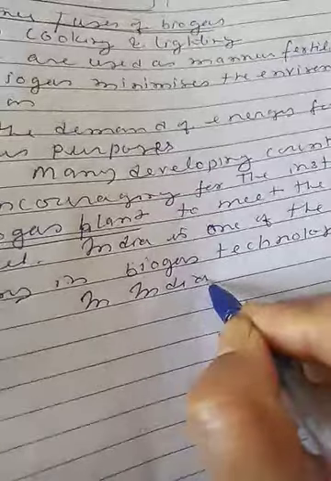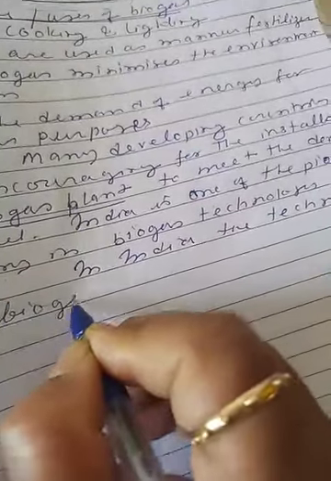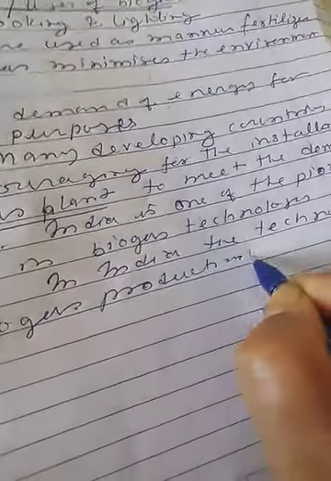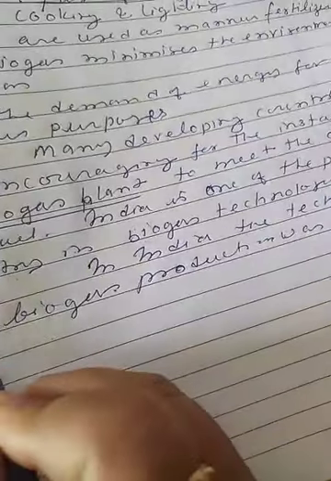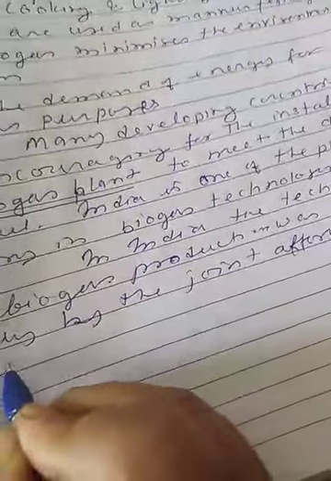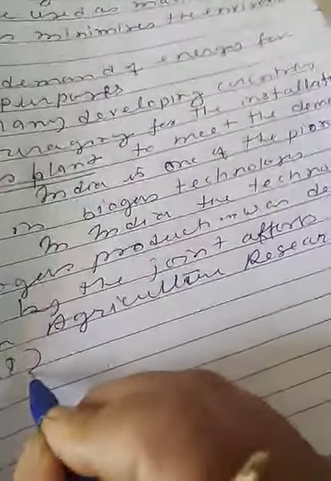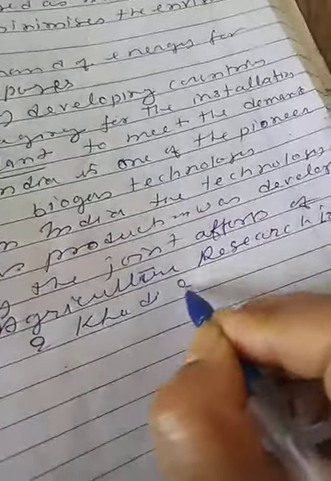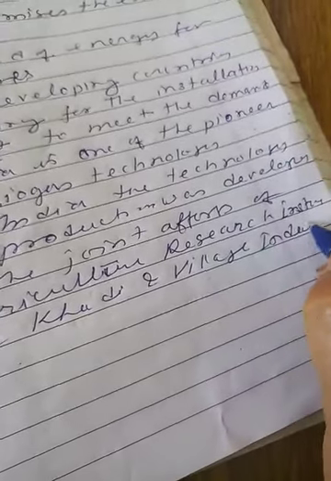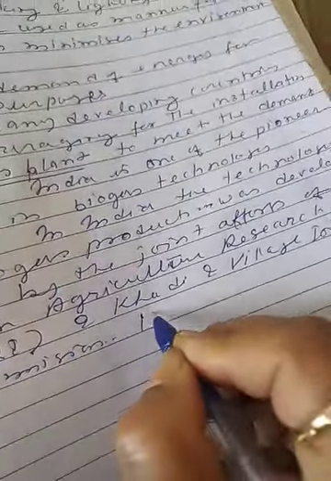In India, the technology of biogas production was developed mainly by the joint efforts of Indian Agriculture Research Institute, IARI, and Khadi and Village Industries Commission, KVIC.